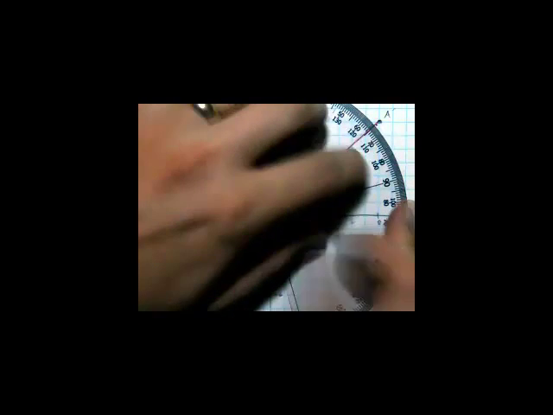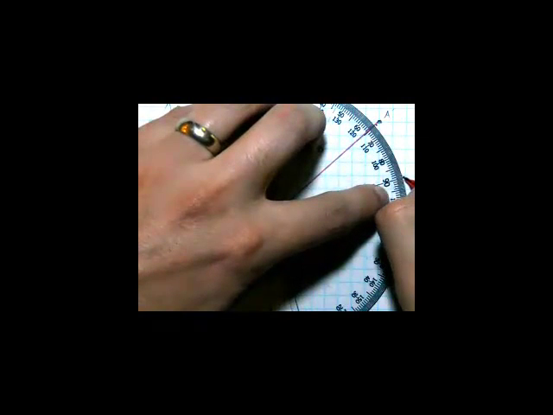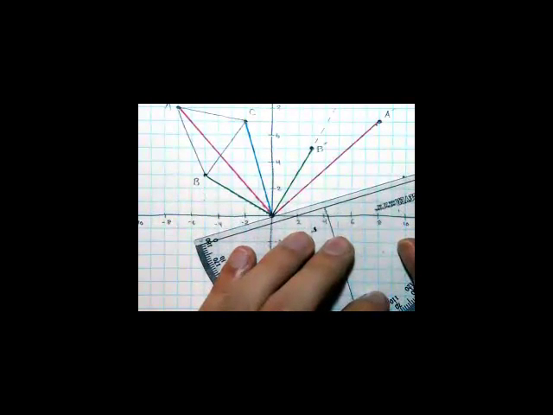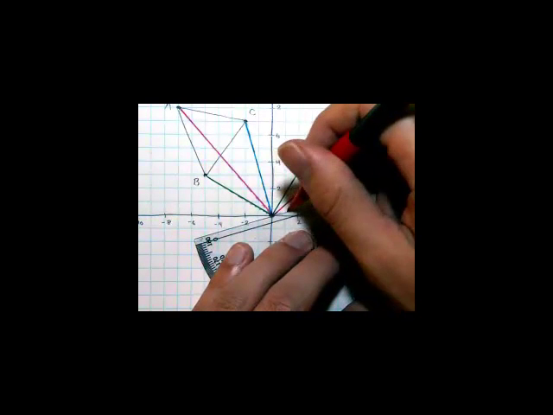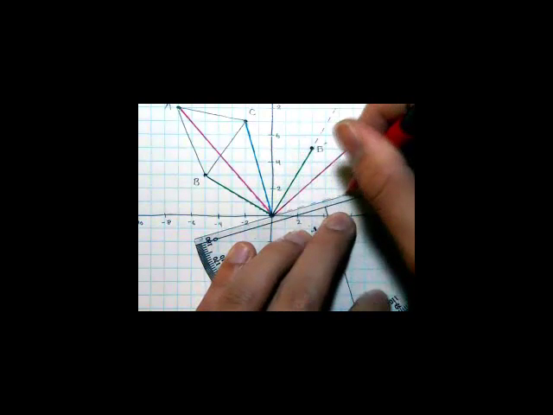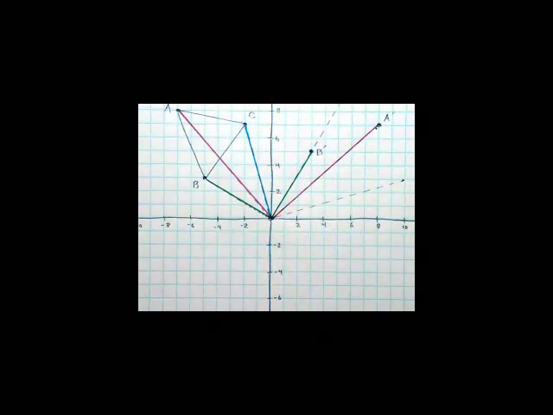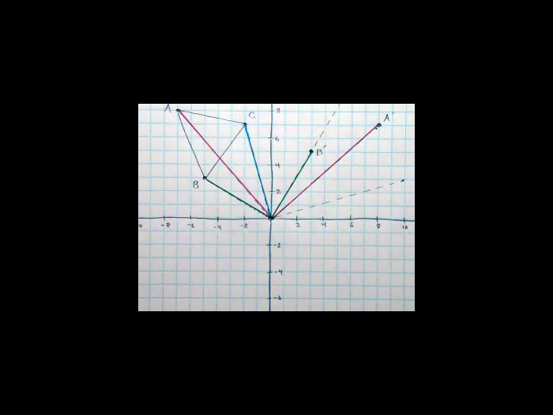Alright, and then I find 90 degrees here, so I can connect that to the origin. That's my construction line for C. Let's see how long that blue line is there.